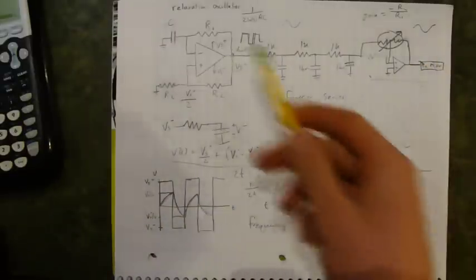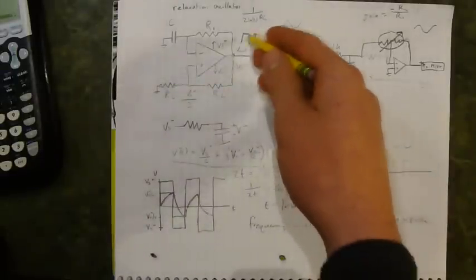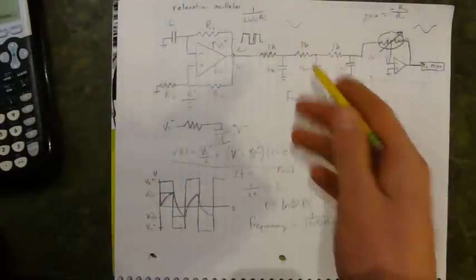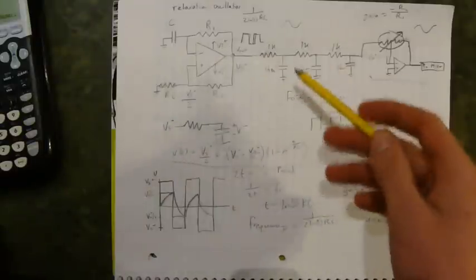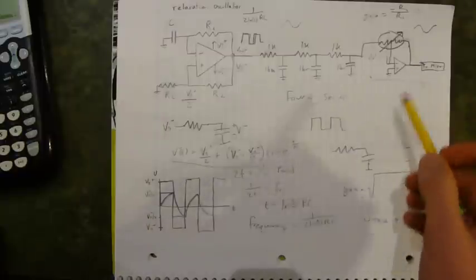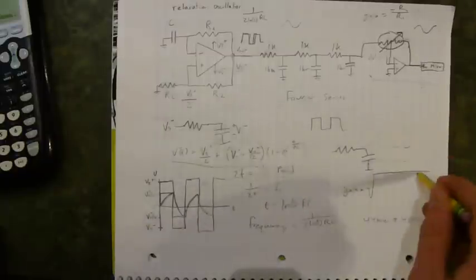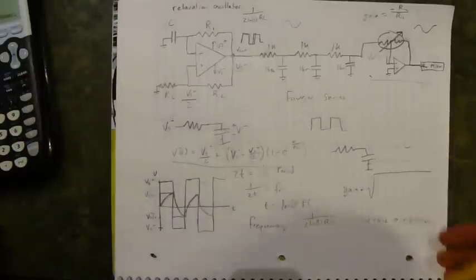So now we have a relaxation oscillator creating a square wave which then gets fed through this low-pass filter, and the fundamental frequency of this square wave is then passed on to this amplifier for it to be sent to the mixing stage, the heterodyne process.